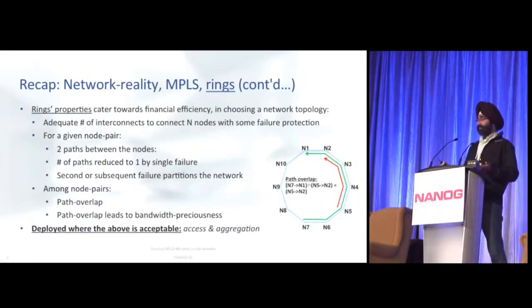And so where is this acceptable, that you have such few paths between nodes, and as a result, such proneness to multiple failures partitioning your network? That's acceptable only where the stakes are probably lower, which is in the access and aggregation, and that's where rings are most prevalent.